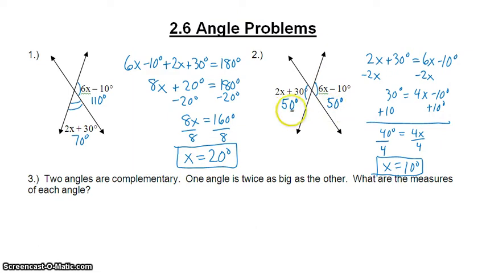And if you look, both angles are 50 degrees, so they are congruent. In an example like 1 and 2, we need to first figure out how the angles are related, then set up an algebraic equation based on how the angles are related to each other.